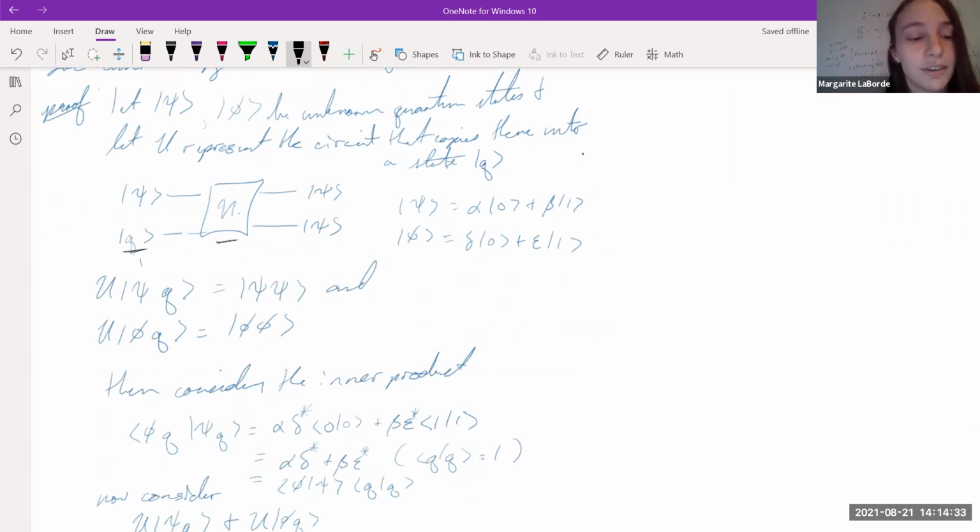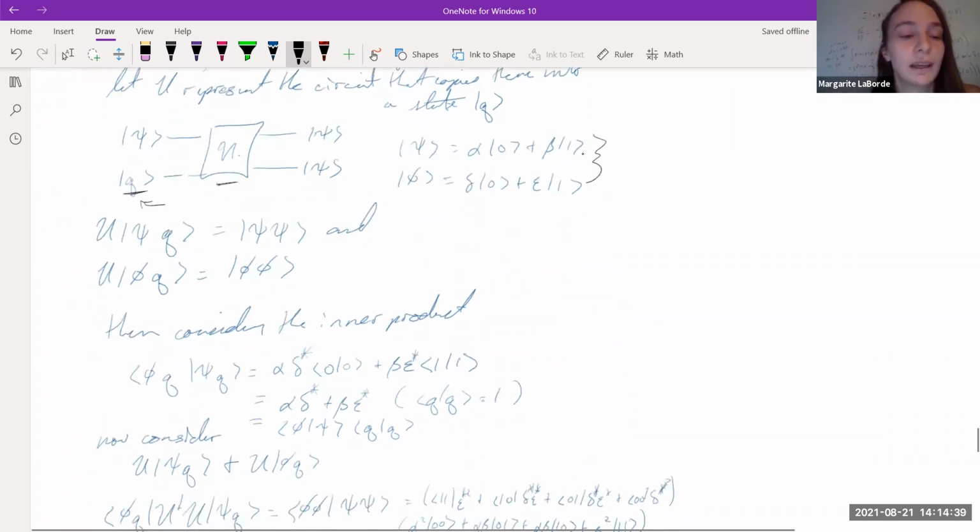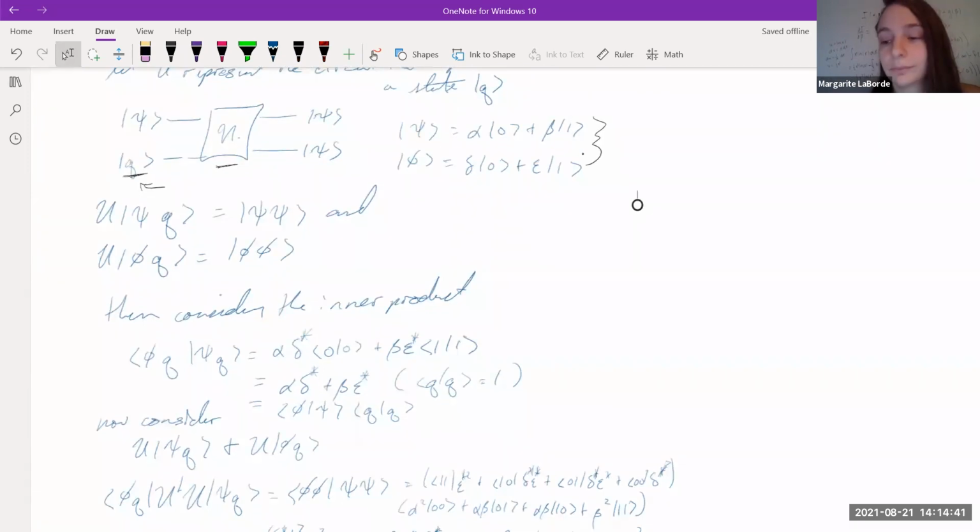The state that this guy starts in literally doesn't matter. Okay, so we can write our two unknown qubits this way, and then we can act on them with U, such that acting on the first one gives you this guy, and acting on the second one gives you that guy, right?